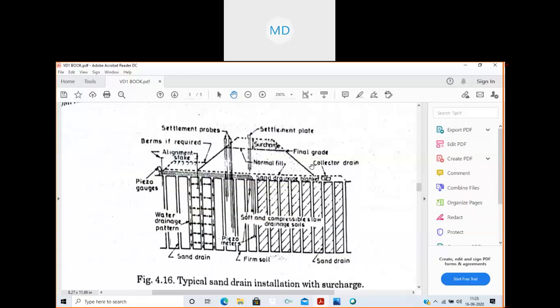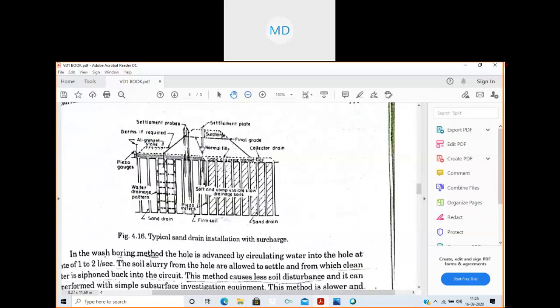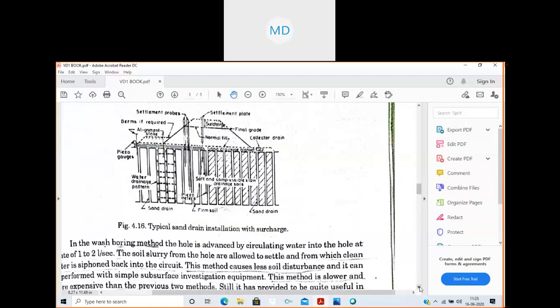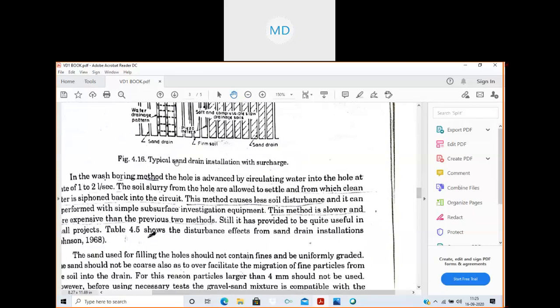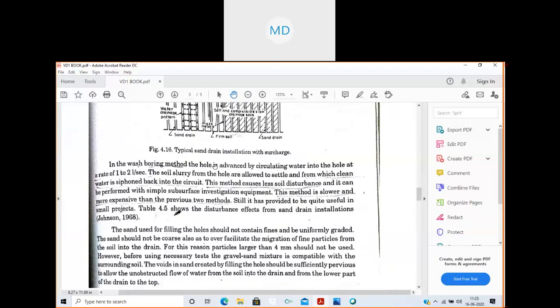Nothing much, this much only is about sand drain. And there are various methods of installation. One we have studied, the displacement method. Next is the wash boring method. In the wash boring method, the hole is advanced by circulating water into the hole at a rate of 1 to 2 liters per second.